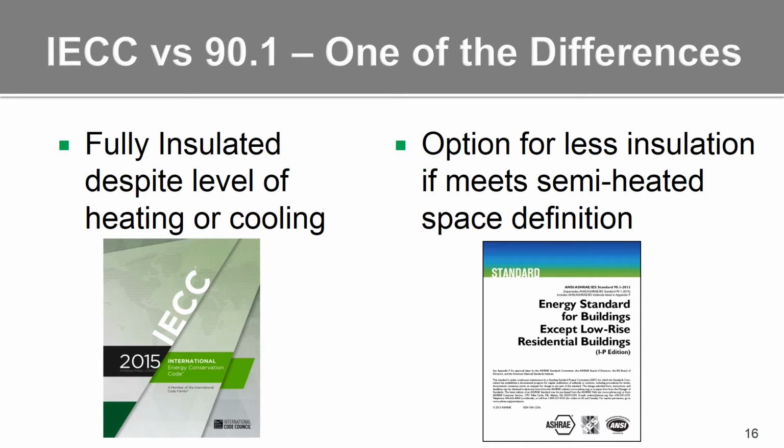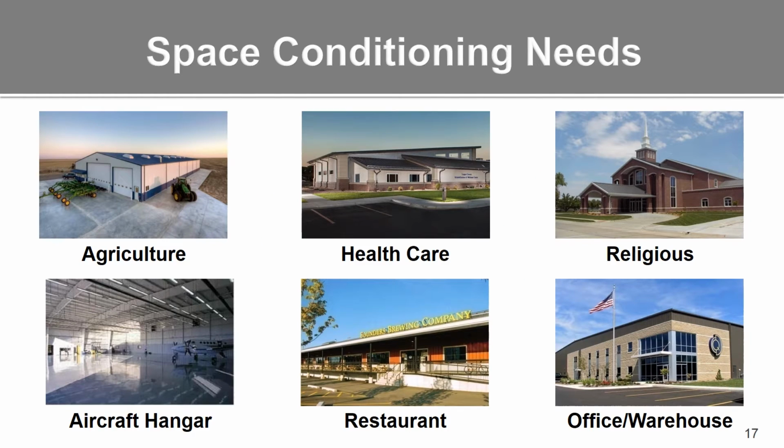So you would have less insulation requirements since you're not required to keep the building energy efficient with a high level of insulation or a higher level of thermally efficient windows, doors, or skylights. So even if you have a space that could be considered semi-heated and you're moving along within the IECC, you would need to insulate it to the higher levels.